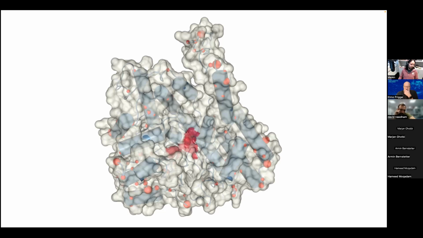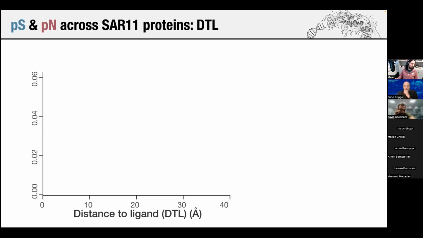So what I'm showing you here is a very clear example, and yet there is also a lot of signal for the rest of the genes. For instance, when we look at how synonymous and non-synonymous variants, as we calculate much more effectively, distribute across relevant proteins as a function of their distances to ligand binding sites in angstroms here.